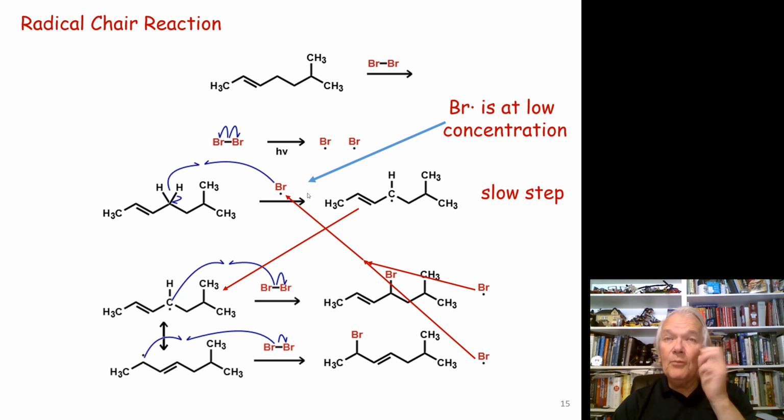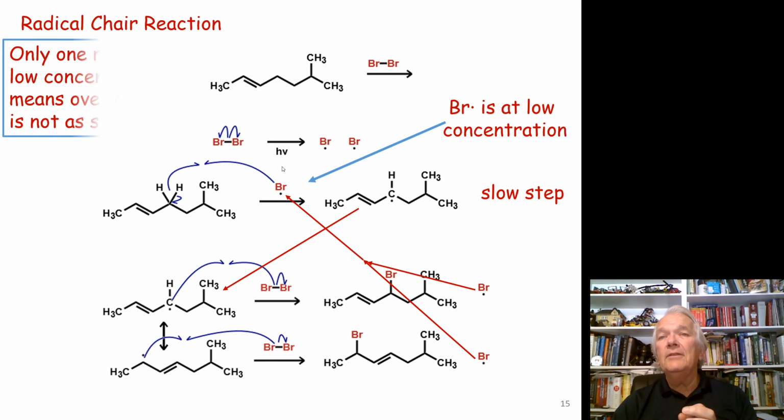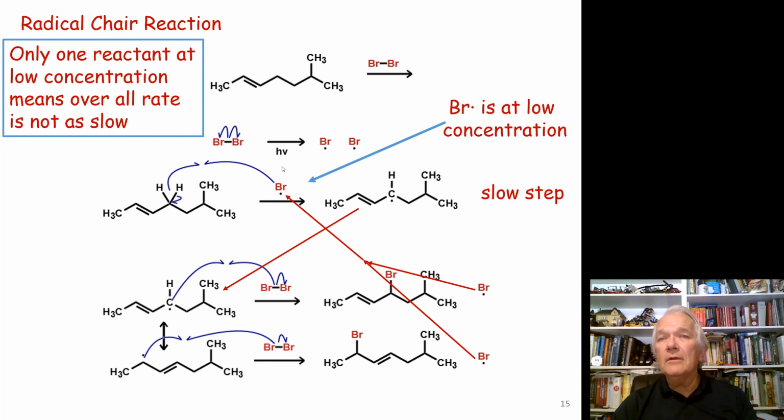So if we can keep our bromine concentration very low, which means that there's very little of it, the kinetics will favor the free radical reaction, and it's simply because you don't have to worry about both species in that rate determining step. So allylic bromination is favored if the bromine concentration is very low.